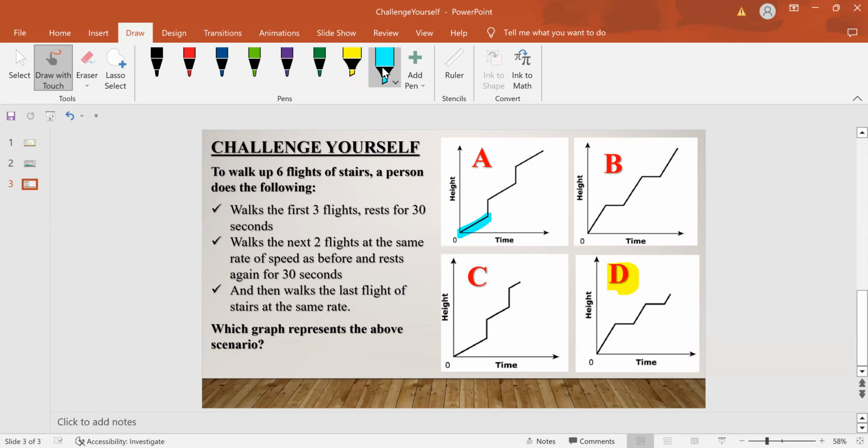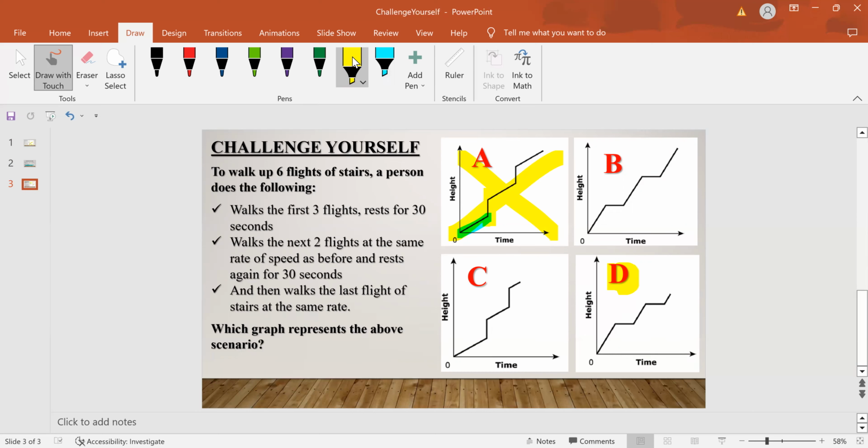Okay, so for the rest time, it has to be the time increasing, not the height. But here it's like the time stays the same, but the height is increasing. No way, because you don't walk up anymore, you stop. So A is not the correct choice.